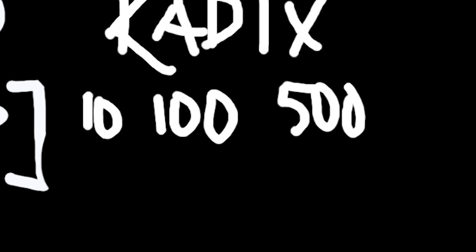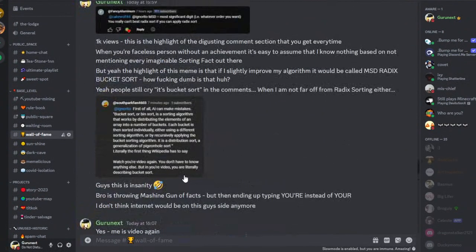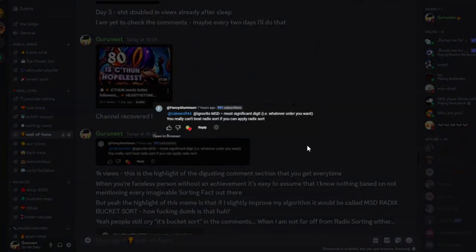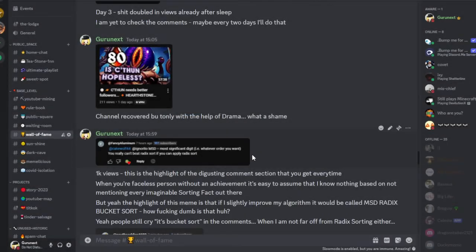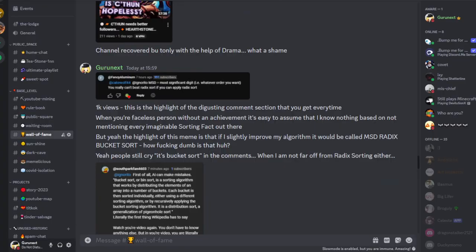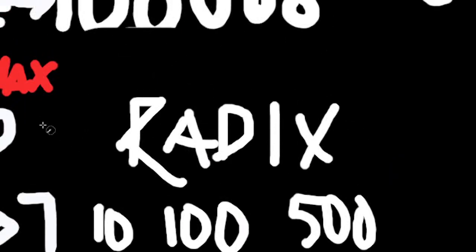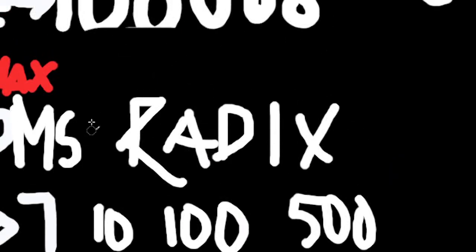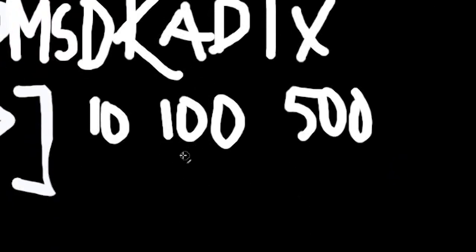And then someone tried to save the day and be like, oh my god, guys, there is most significant digits radix sort. So MSD radix. Holy shit, what? So we just put a few more letters in and we're good, right? Now we just start sorting by the largest digit, which is a little bit less cringe, but still kind of weird, man. It's still weird.